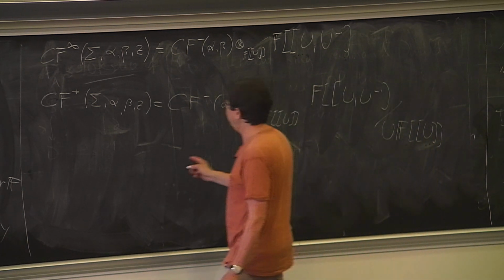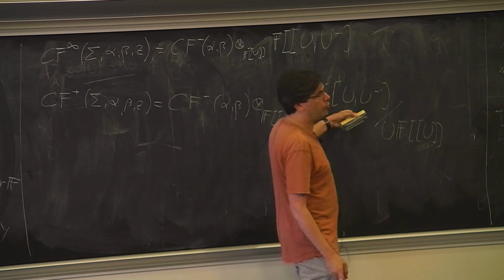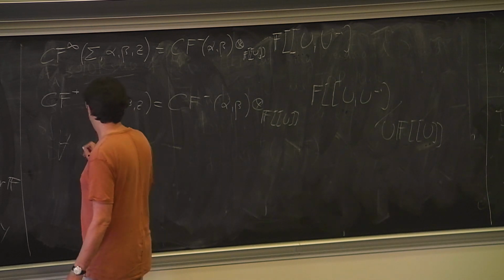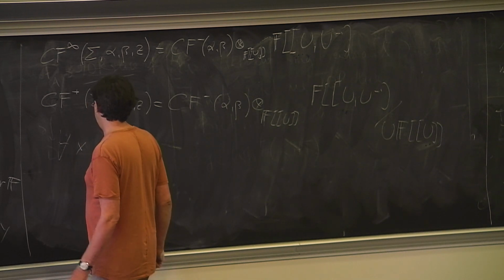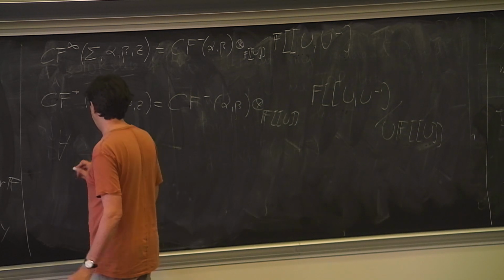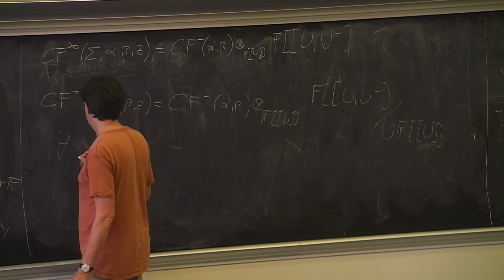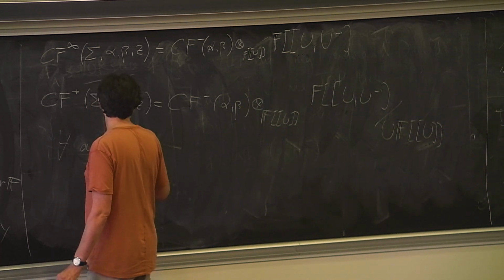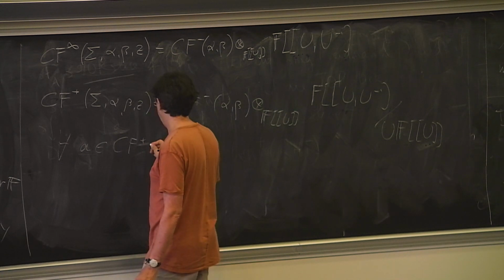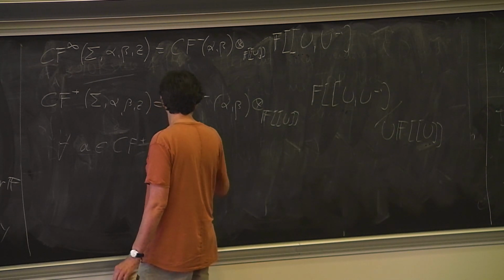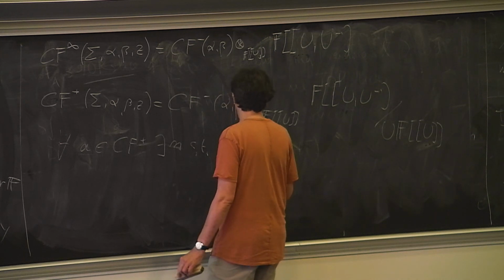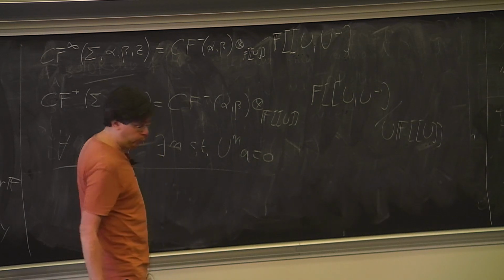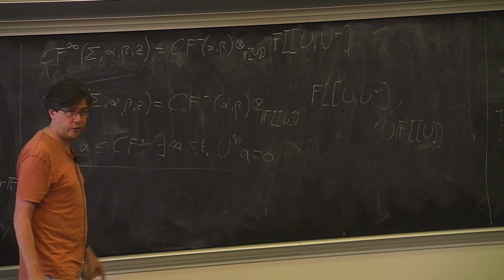So from this, if you look a bit carefully at what this means, you can see that for every element, let's say A in CF plus, there exists n such that U^n A is equal to 0. This is a property I forgot to say yesterday and was necessary to do the first two exercises on my exercise sheet.